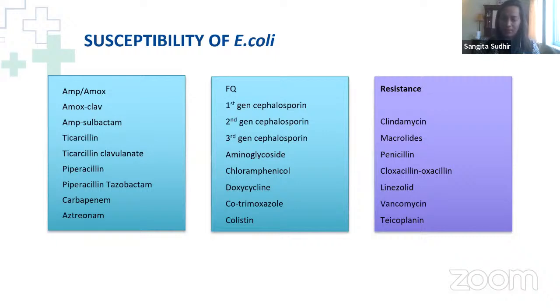I would also like to give a short insight into the basic susceptibility pattern of E. coli. This is the typical susceptibility pattern, but for different resistant strains, the pattern will differ.